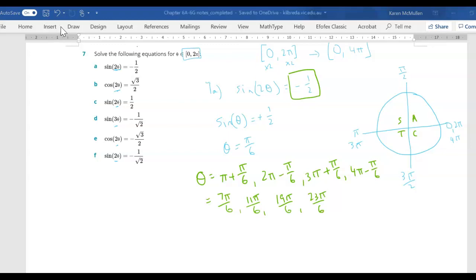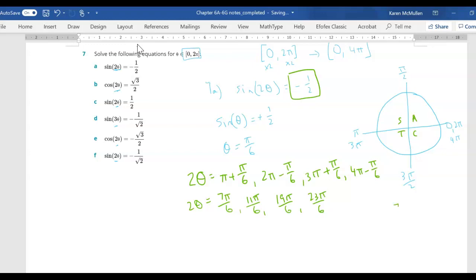I actually just realized I've forgotten one important thing. We're not finding just theta, we're finding 2 theta. So 2 theta is equal to this. So what we need to do is now get theta on its own, so we're dividing everything by 2. Now, I'll just show you quickly an easy strategy, because all you're doing is changing your denominator.